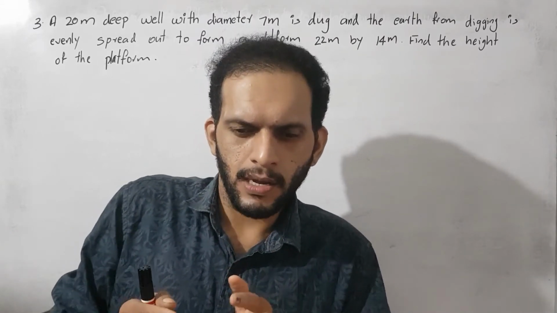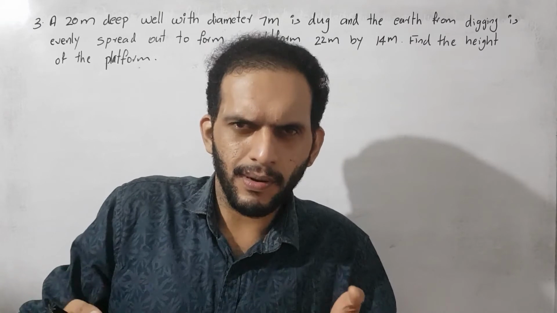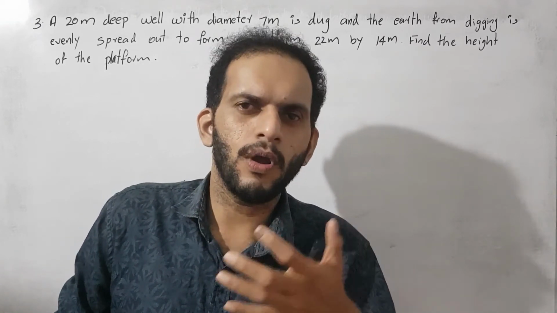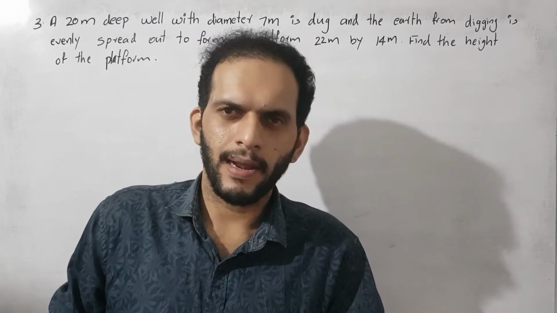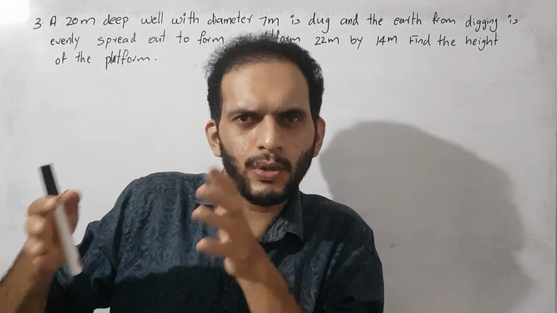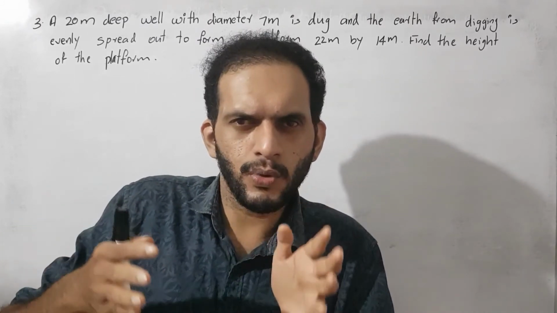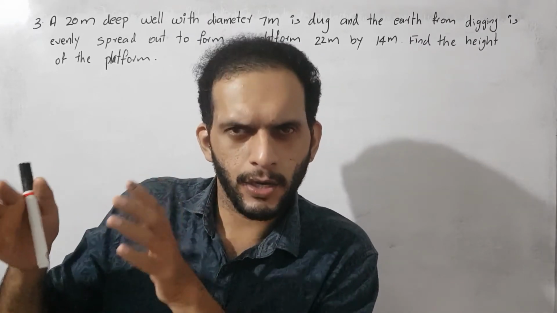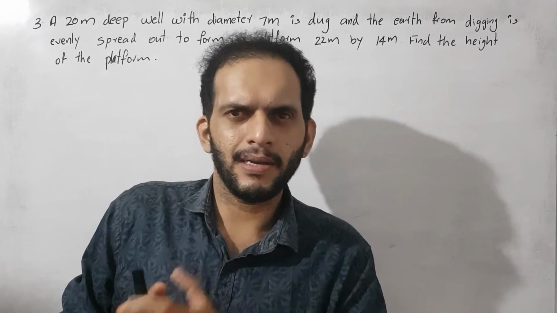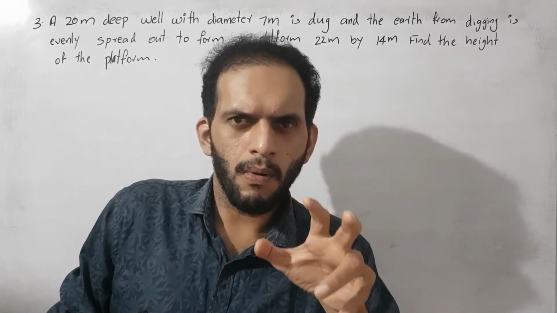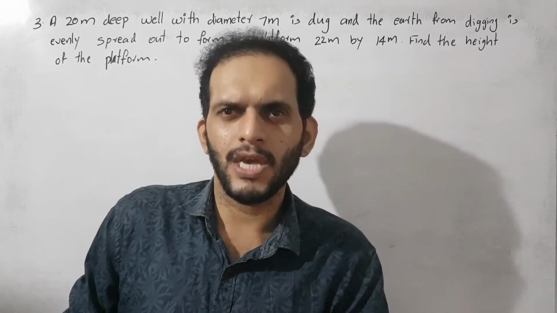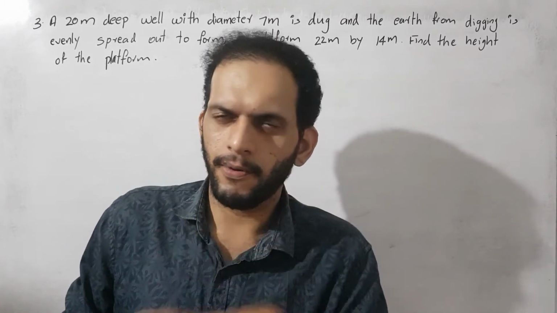The amount of earth is equal to the volume of the cylinder, correct? And that earth we used to form a platform in the shape of a cuboid. So it's very clear here, the volume of the well is equal to the volume of the platform.